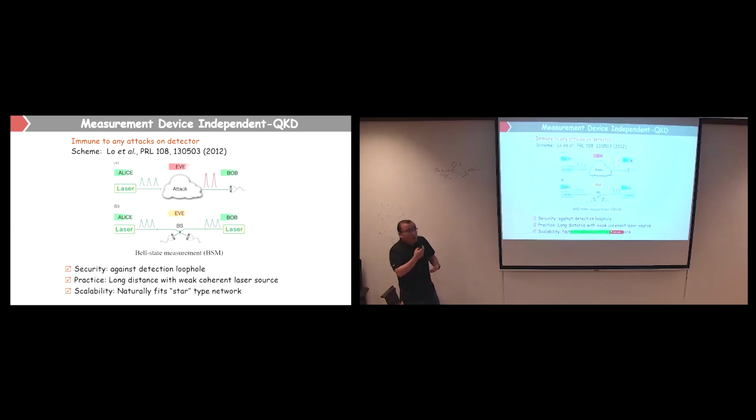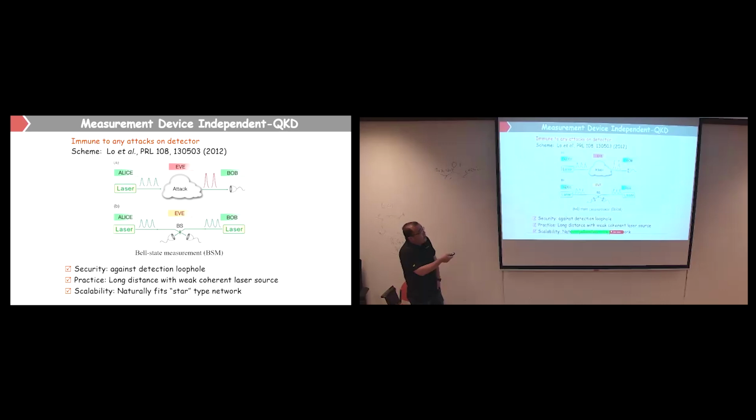In theory QKD is secure against the adversary, but the problem is if your source or detection is not perfect, there will be attacks. For example, there is a very famous blinding attack by Vadim Makarov.